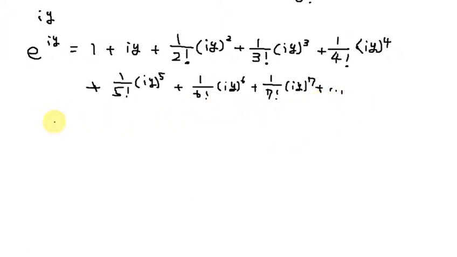Okay, then we can rewrite. The 1 stays the same, plus iy stays the same. Then let's calculate the rest. Since there is a power of 2, i squared is going to be minus 1, so let's put a negative.